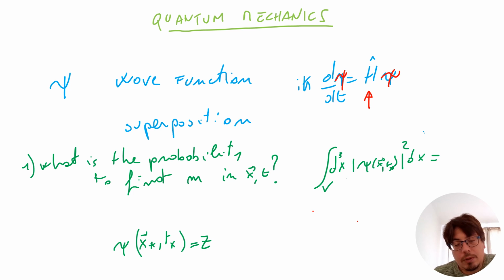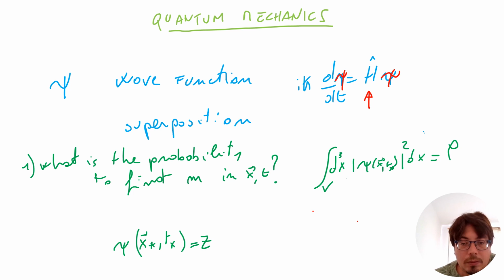I cannot give you a simple understanding of why this is true. I will maybe in future videos give you an idea of how some very clever physicists came up with this formula.